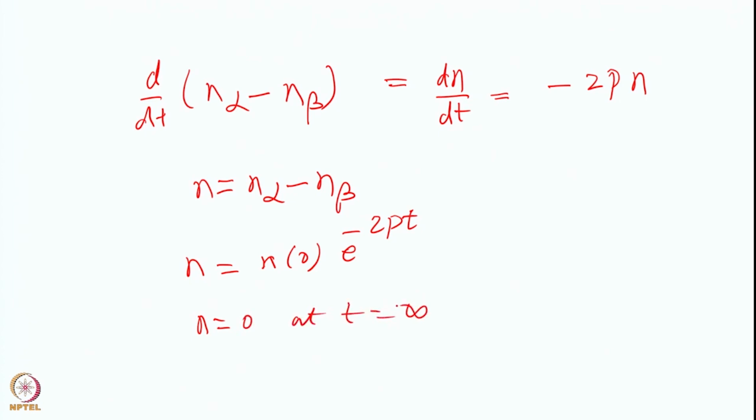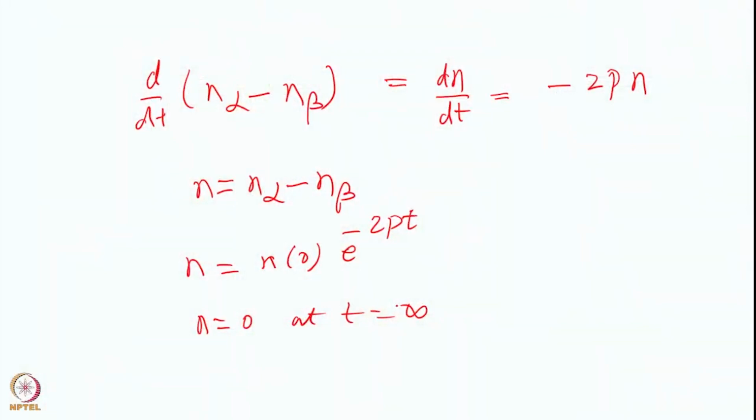But of course, you do not continuously pump in energy for so long. t equal to infinity means you are putting the RF continuously for so long. You do not put in energy for so long, you put it on for a certain time, and it is dictated by the transition probability P. So, depending upon the value of P, that determines how much is the population difference. So, you will see that if this is very large, then you will have the population difference going to 0. Okay. If n is equal to 0, there will be no absorption of energy, therefore, the signal has to vanish.